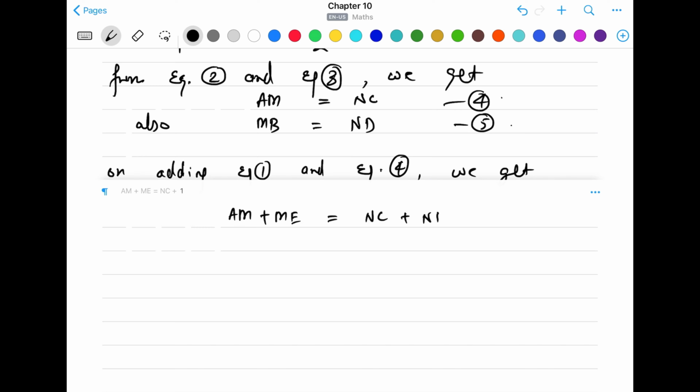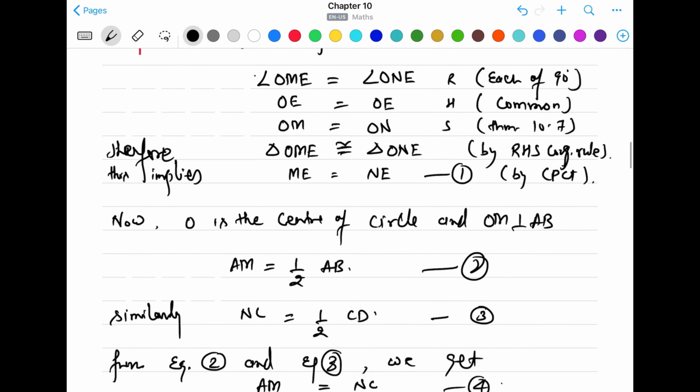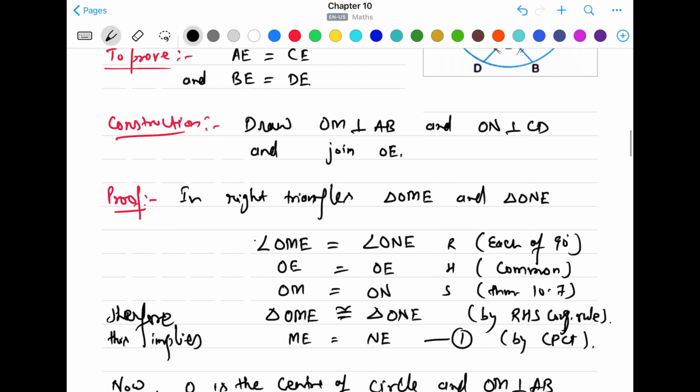Okay, this gives, this implies that AE is equal to CE. Okay, that means these corresponding parts we got.